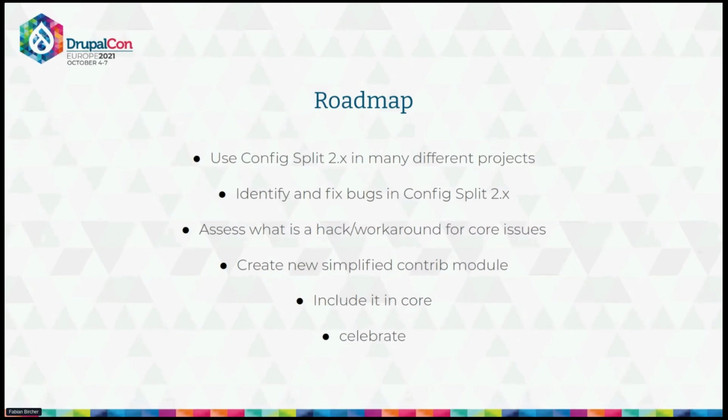Right now, the workaround is to look at the active configuration and sort it the same way. It's a bit of a workaround. It works mostly, but it's not a proper engineered solution. Then we create a new simplified contrib module that we can test, and then include it in core. And finally, we celebrate that this has been achieved.